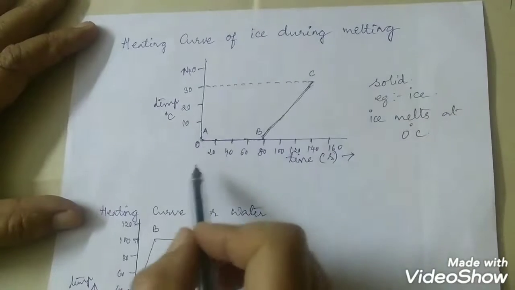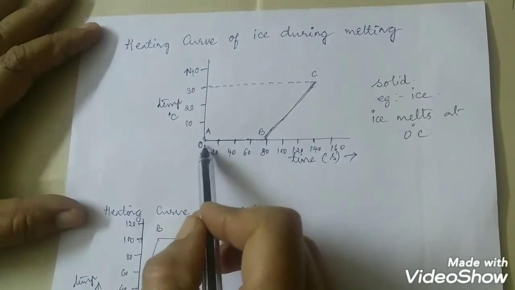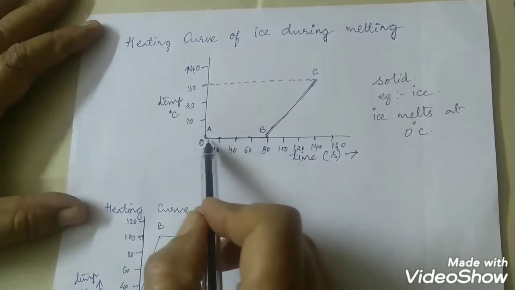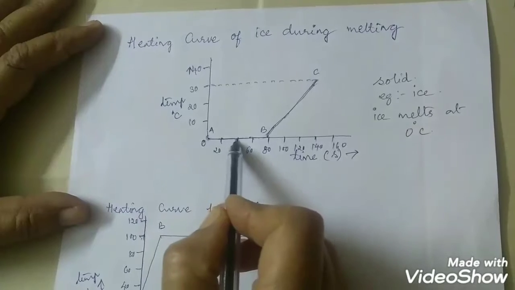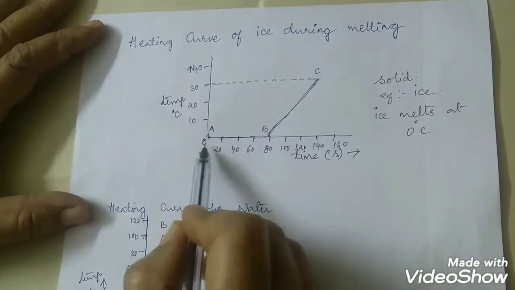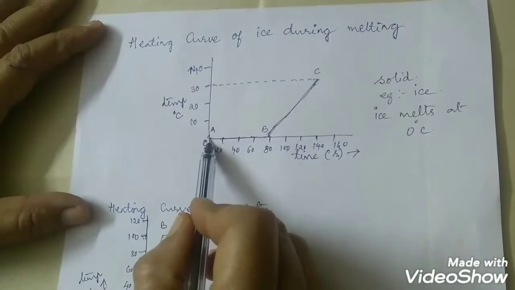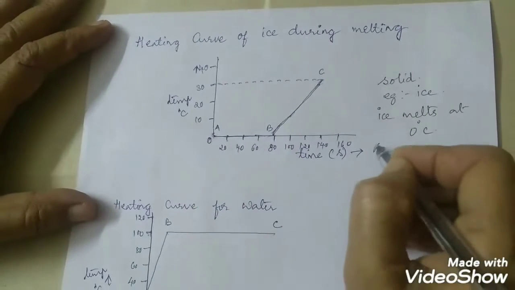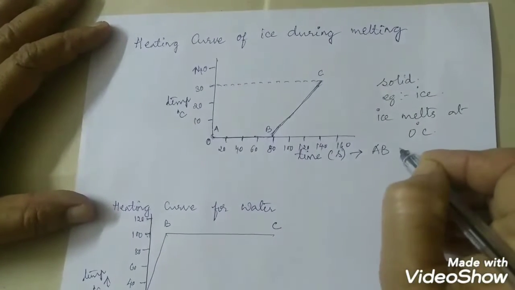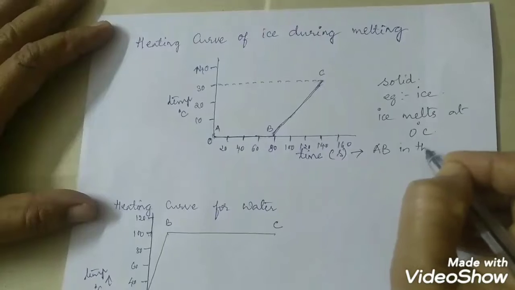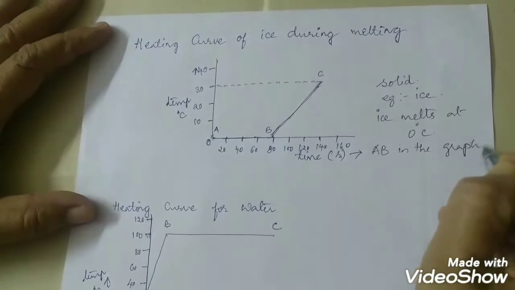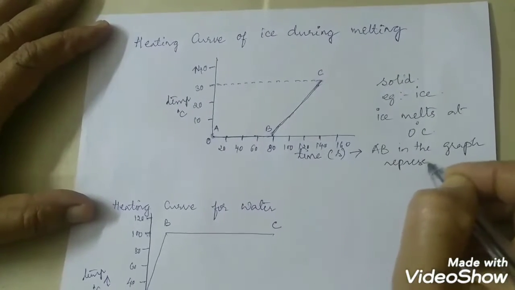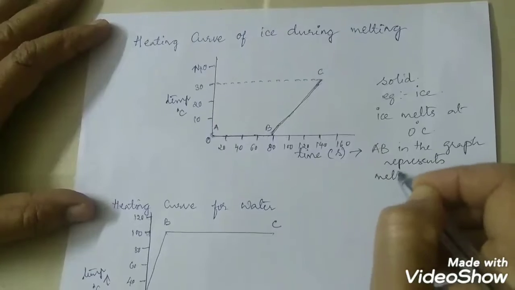If you observe this graph, ice starts melting up to a certain time. The temperature remains constant here. From this point to this point, that is the part AB in the graph, represents melting of ice.